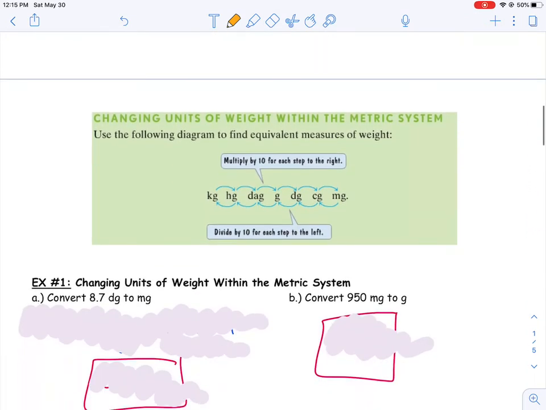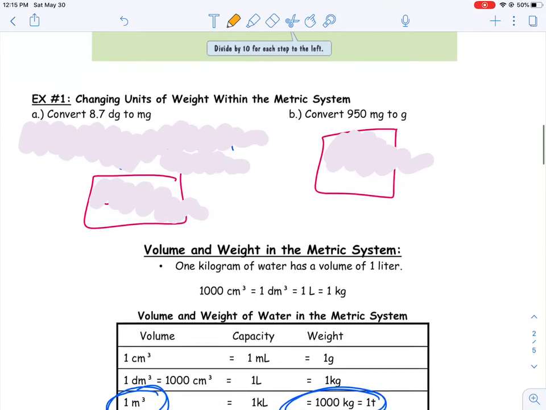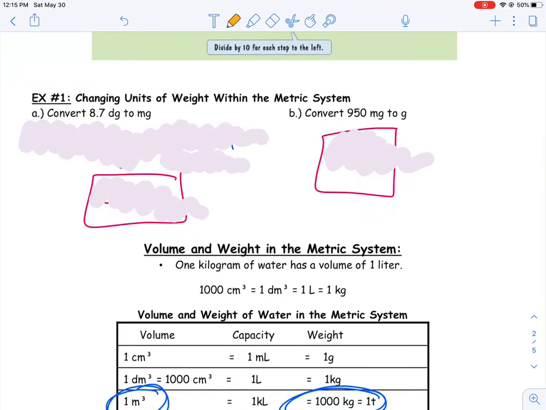Okay? And so let's use that idea to do a couple of conversions in weight in the metric system first before we keep going. So example number 1 says we want to convert 8.7 decigrams into milligrams. Remember, you have to know which D comes first and second, so this would be decigrams to milligrams. I noticed, as if this were a test question, that this was metric to metric.